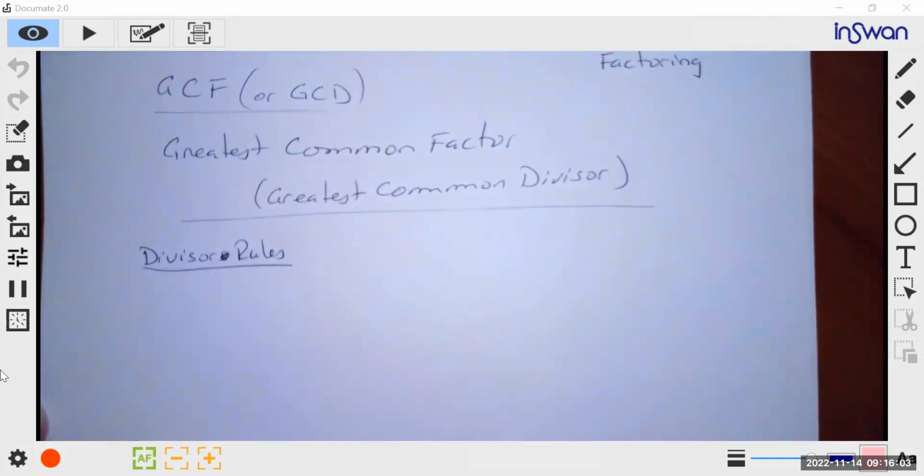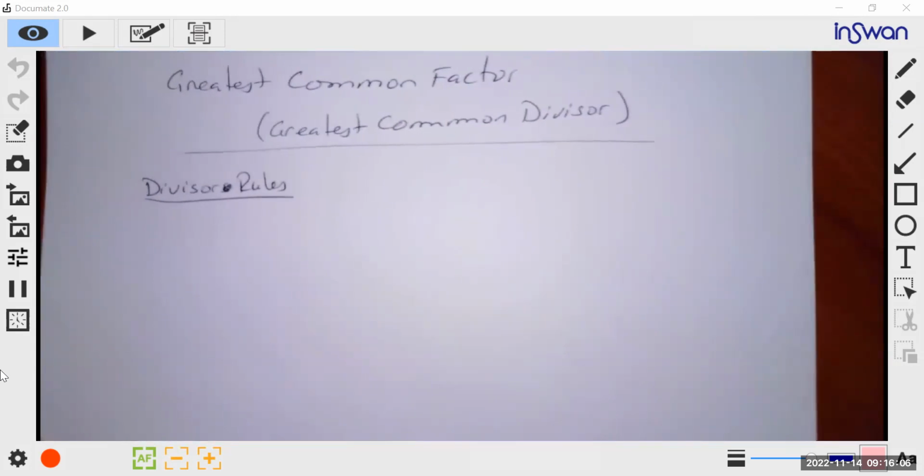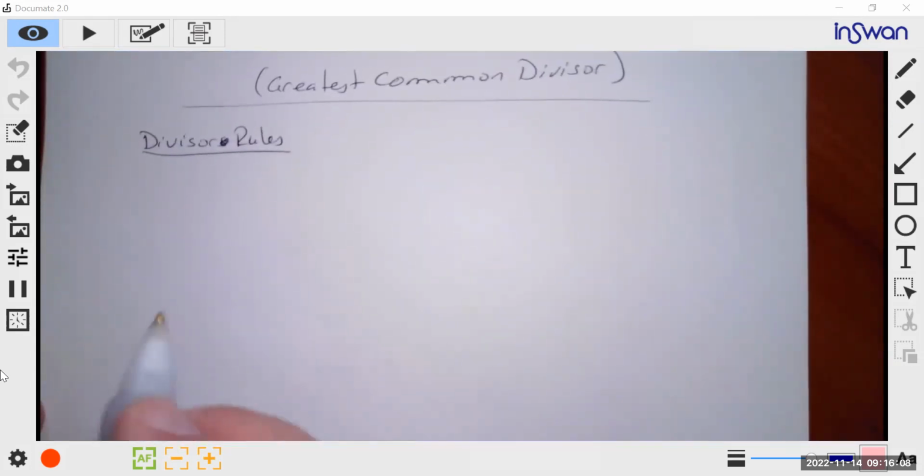Let's look at the divisor rules. Here's some really quick ones. It'll help us doing this stuff.